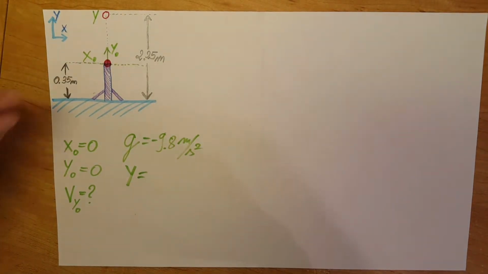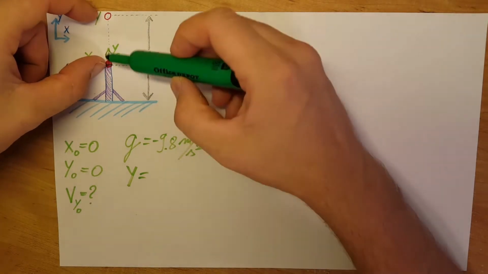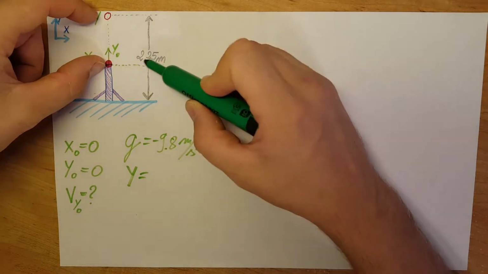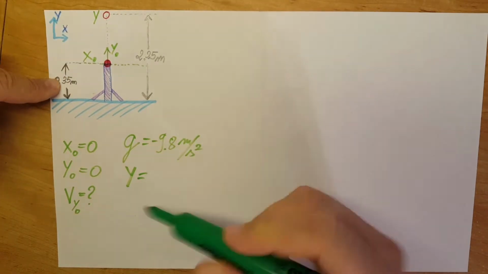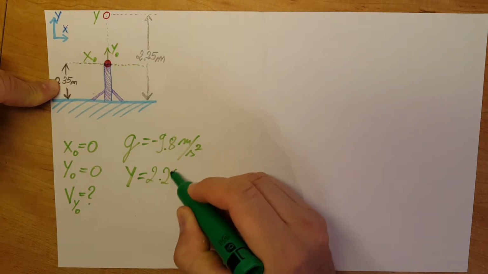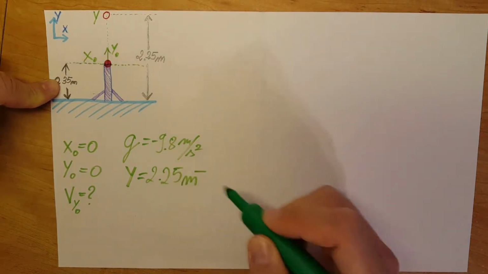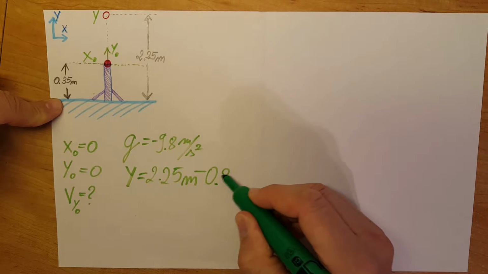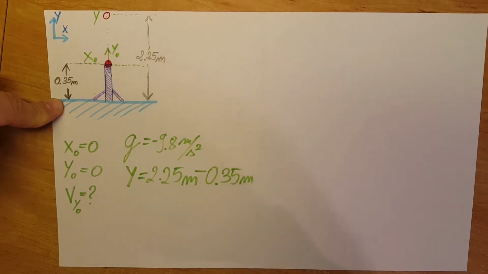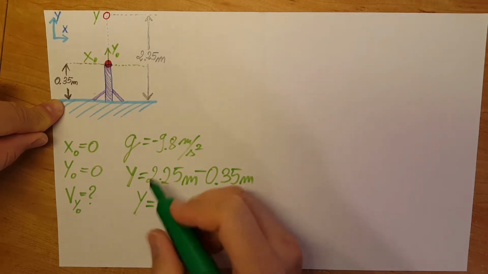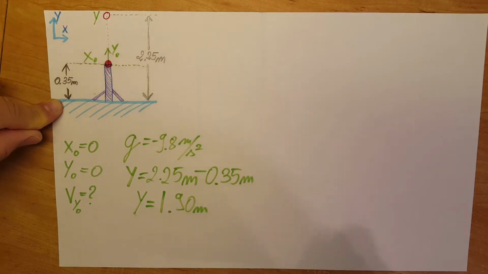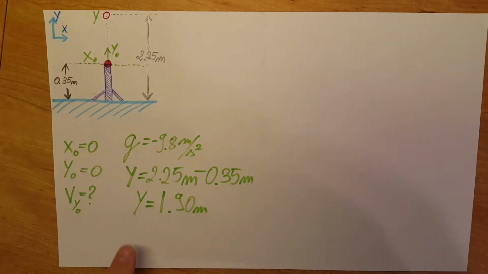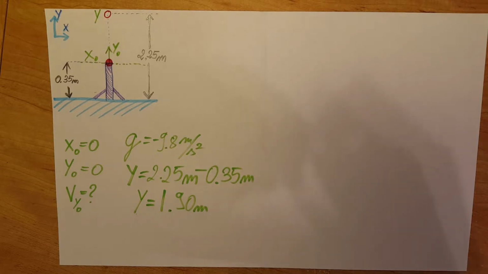We are interested in this difference, which will be 2.25 meters minus 0.35 meters, and that's gonna give us our y, which is 1.90 meters.